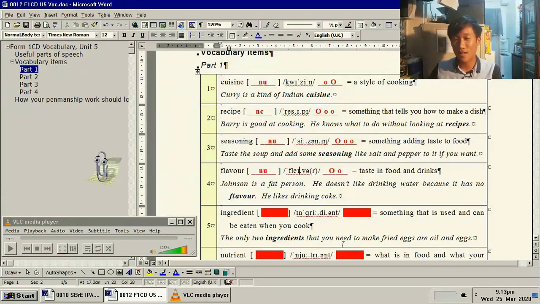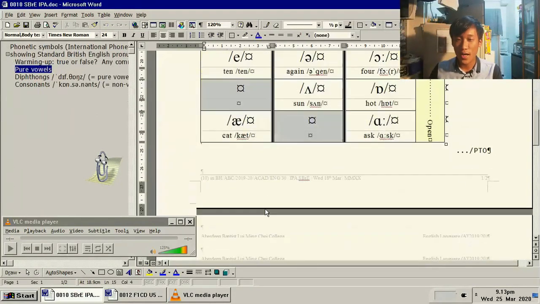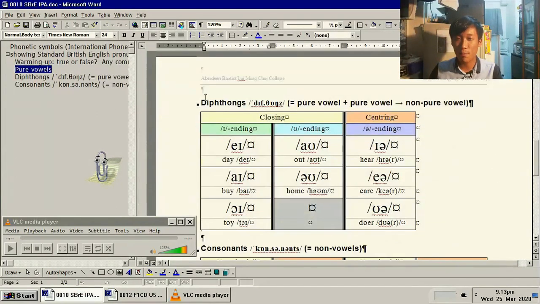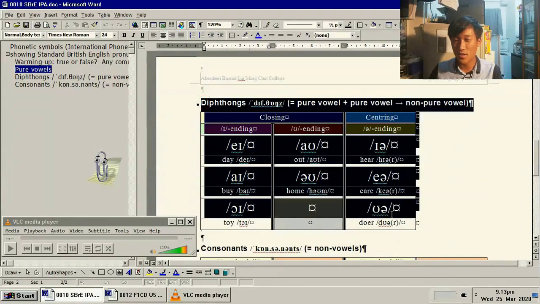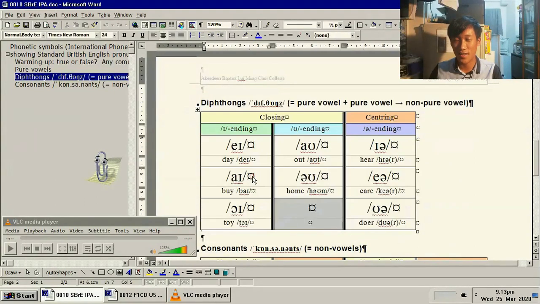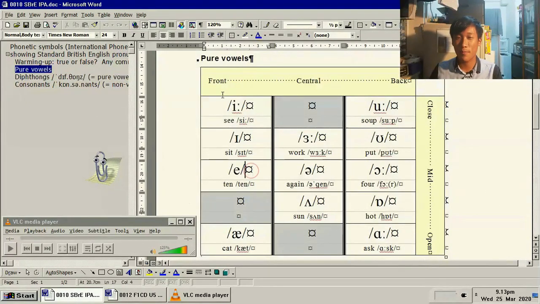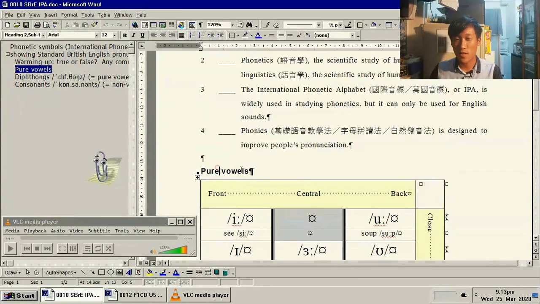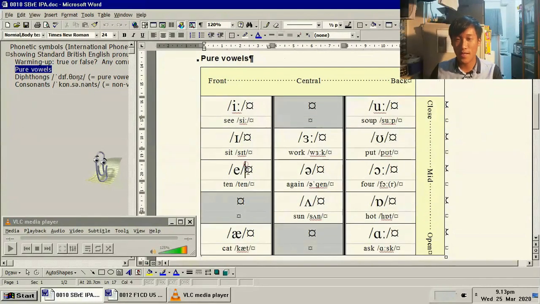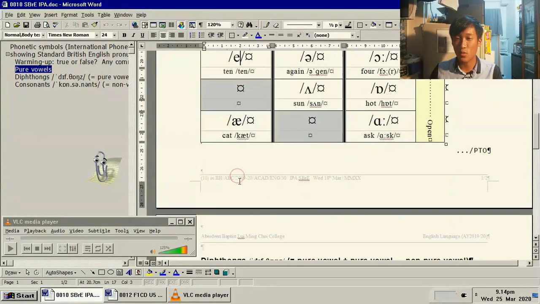So this is how you get the sound from the IPA. I don't think you need to memorize or keep practicing reading all these diphthongs, just like what we did in class, like the e, a. No, you don't have to. You just need to work it out. You can just remember the pure vowels that we learned in the first term, and then put them together, and then you'll work it out.